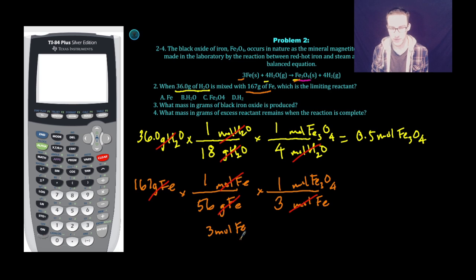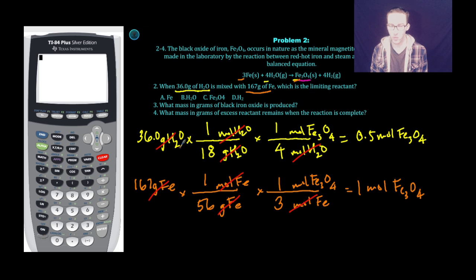And use your calculator if you need to, but you're encouraged to estimate. Therefore, times 1 mole divided by 3 means I will make about 1 mole of Fe3O4 if my 167 grams of iron completely reacted.